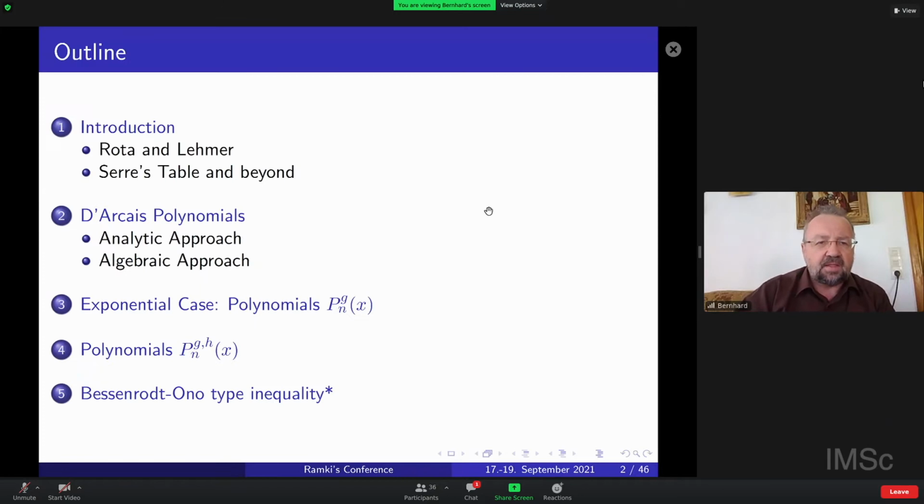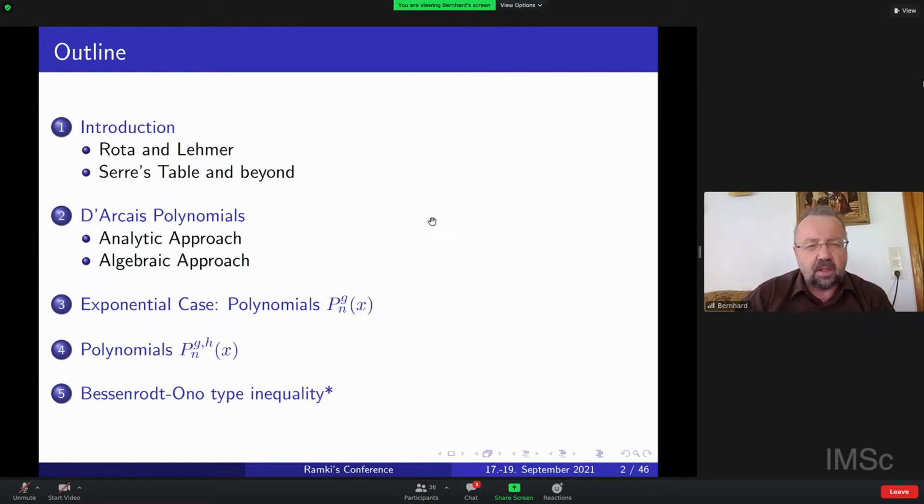So the plan is to give an introduction, to talk a little bit about the background around the Lehmer conjecture, then introduce certain polynomials which had been found in 1913. I think they appeared for the first time in that way by an Italian, the Italians seem to be very prominent in this talk, Francesco d'Arcais, the d'Arcais polynomials.